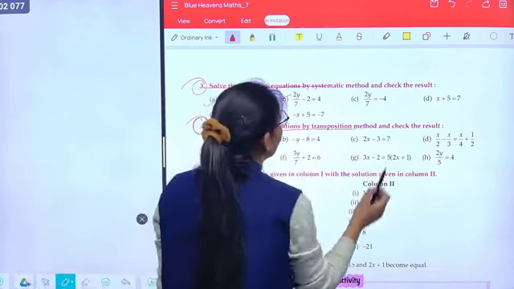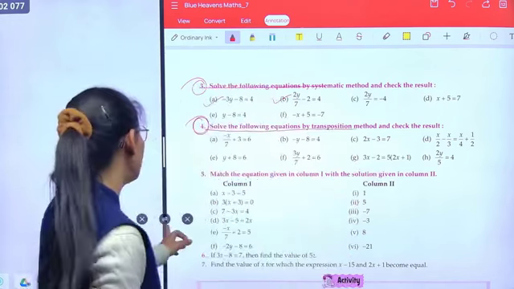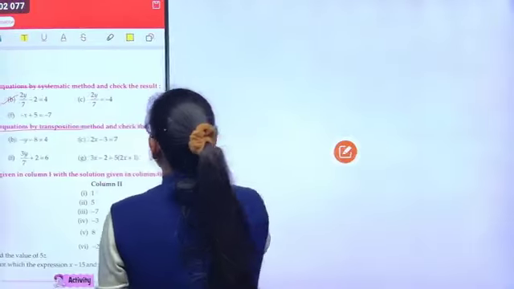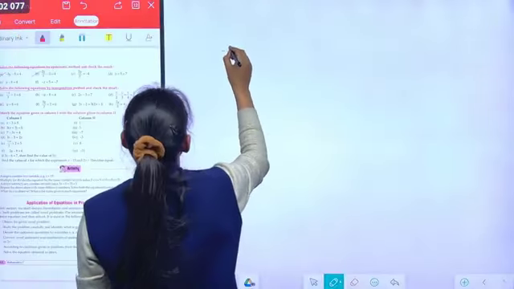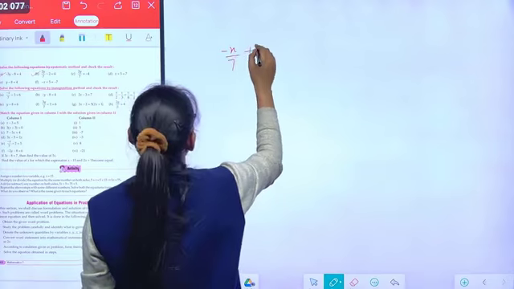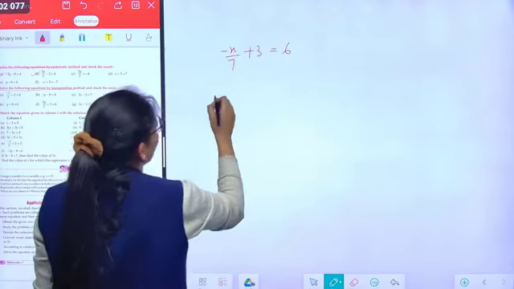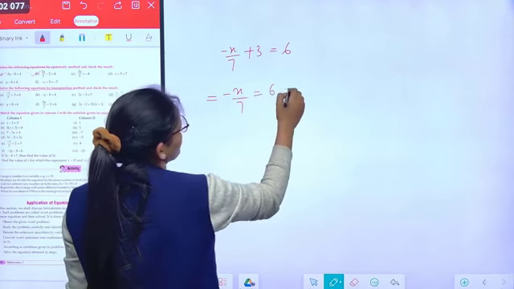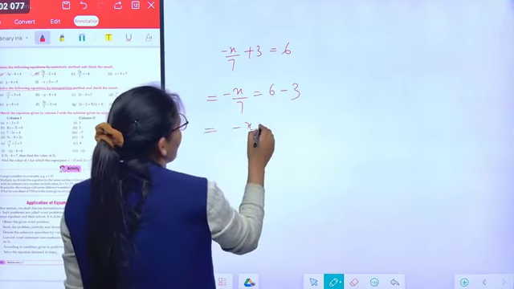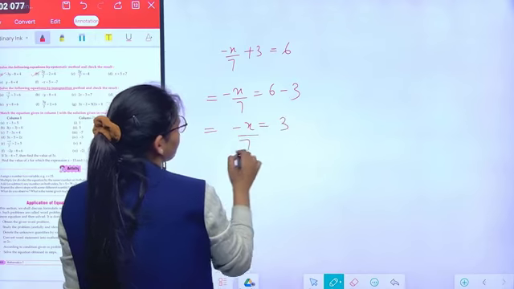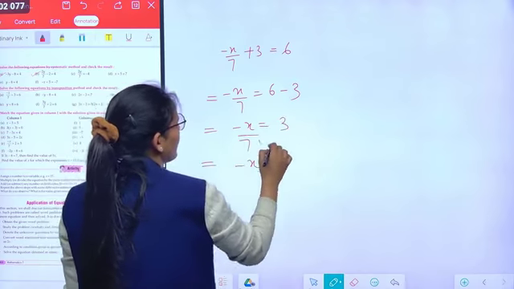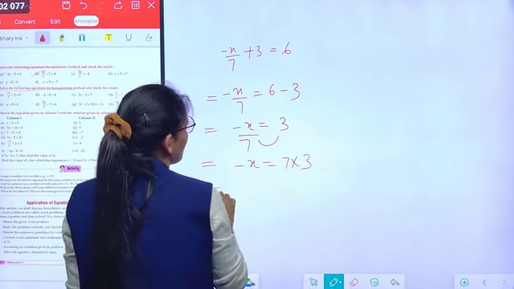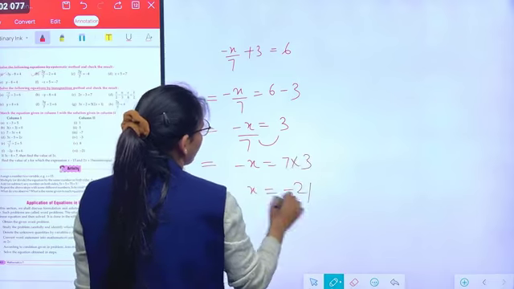Solve the following equation by the transposition method and check the result. Now class, minus x upon 7 plus 3 is equal to 6. Now class, minus x upon 7: here 3 goes there and becomes minus. Minus x is equal to 3. Now class, minus x is equal to, multiply 7 multiply by 3, so x is equal to minus 20.